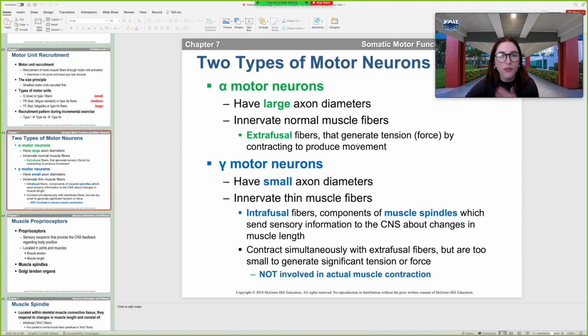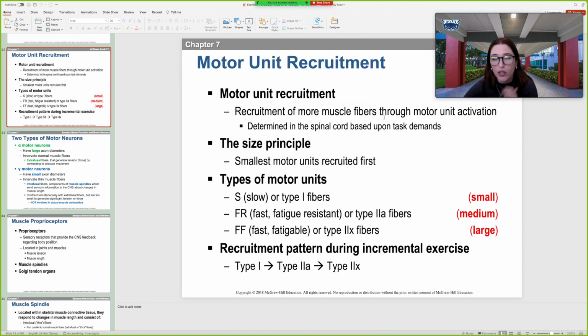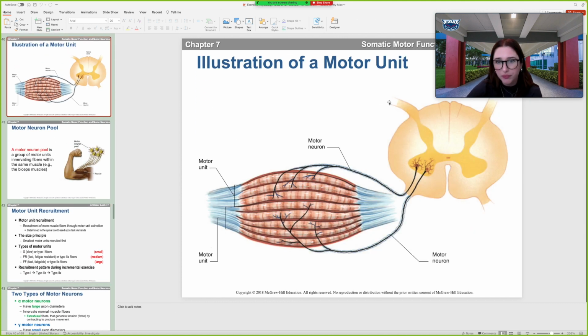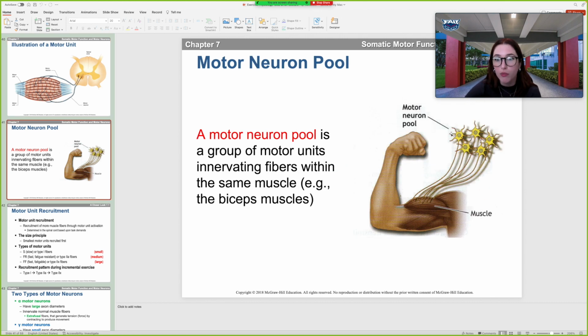Alright, so I left off here in class talking about motor unit recruitment, right? We know that a motor neuron and all of the fibers that it innervates is called a motor unit. And we can have multiple motor units for one muscle. It's called the motor neuron pool.